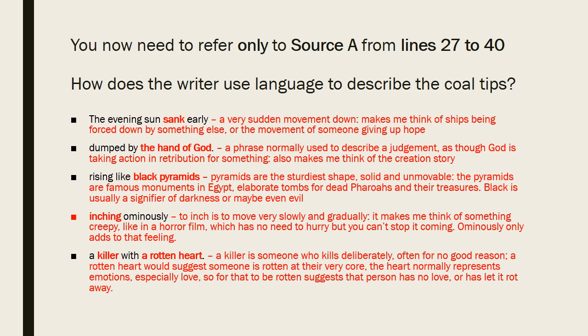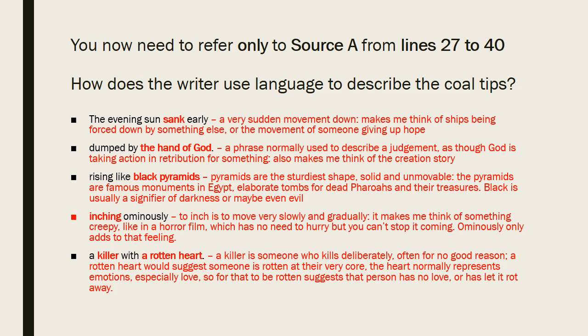It would suggest that the place that normally holds love and that kind of passion, emotion, has rotted away. And it's worth noting that I would also think to myself about rotting. Rotting is a process where it wasn't like that to begin with, but then over time it gradually deteriorates.